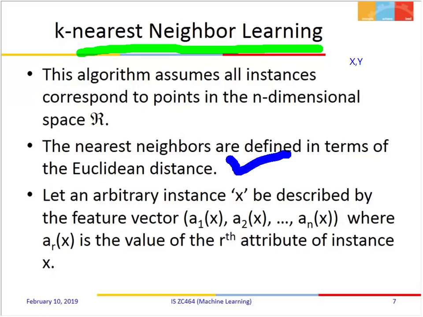So let an arbitrary instance x be described by the feature vector a1(x), a2(x), ..., an(x), where ar(x) is the value of the rth attribute of instance x. So a1, a2, a3, etc. are describing their values. Of course, they are representing different properties of the object x.